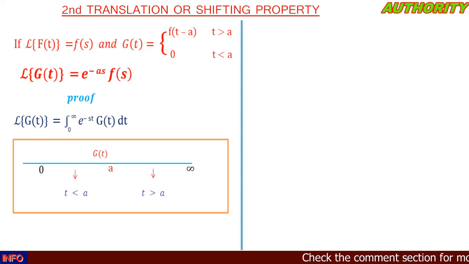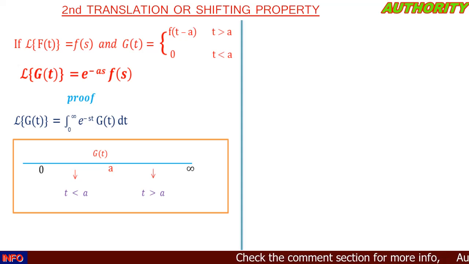So for us to integrate now from 0 to infinity, we will divide it into 2. We have just divided into where? Into 2. Now, the integral from 0 to a, and then another integral from a to infinity. Then we join them together. It's still going to give us the same thing, the integral from 0 to infinity. Good.